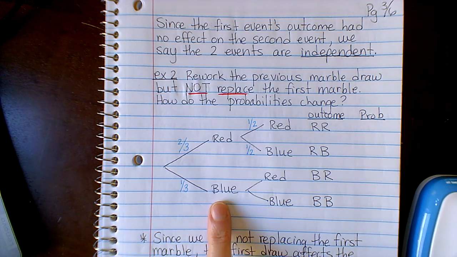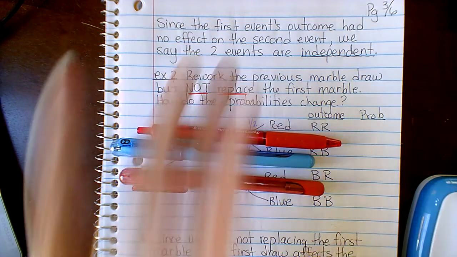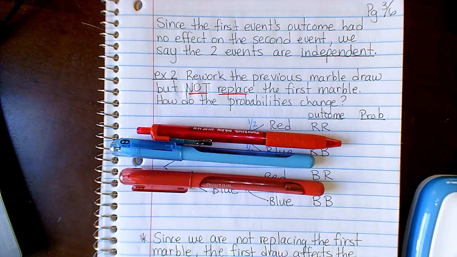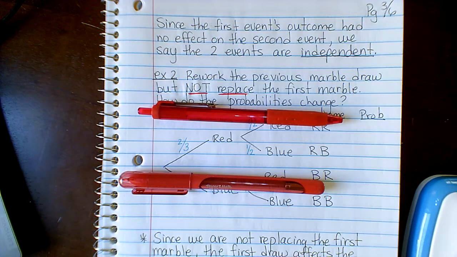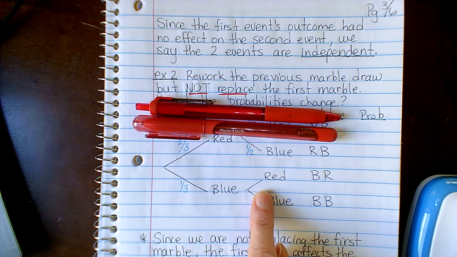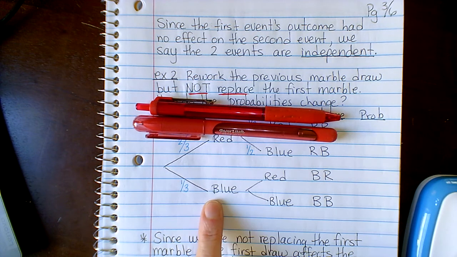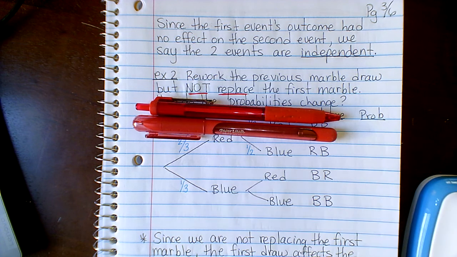This branch says that you pick out a blue first. So there's the 2 red, 1 blue. Now, let's suppose I pick out a marble and it's blue. Now, what's the probability that my next marble, with that blue one being gone and not replaced, is going to be red?